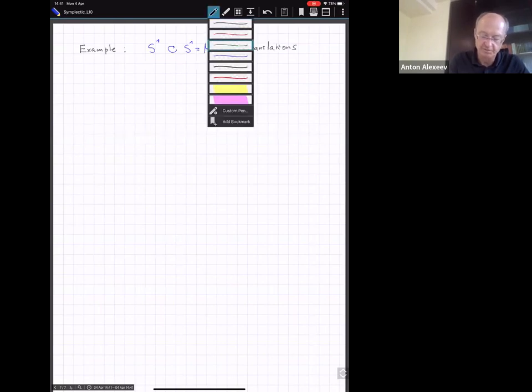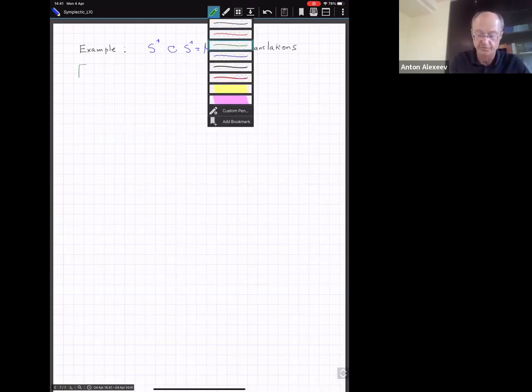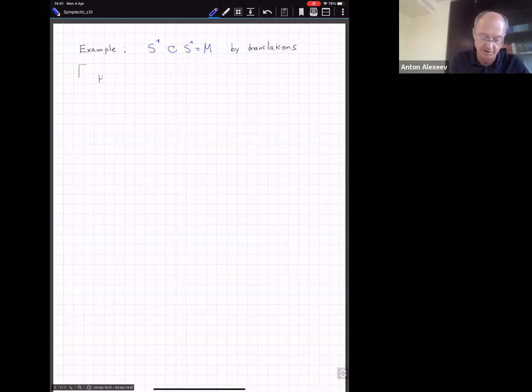In particular, we know the answer from general theory. Let's just write it down, and then we'll see how it works in the Cartan model. So we are supposed to have H of S1 mod S1, which is H of a point.